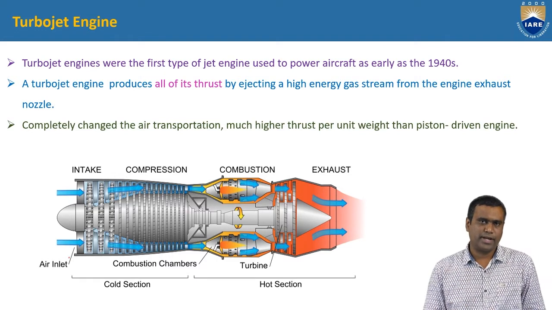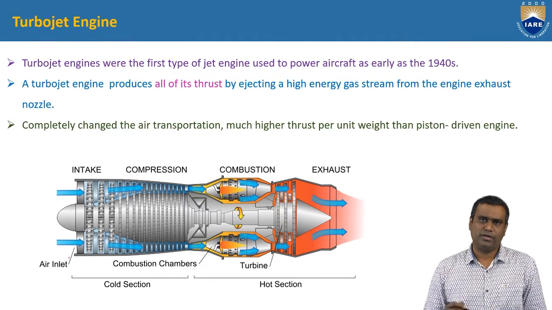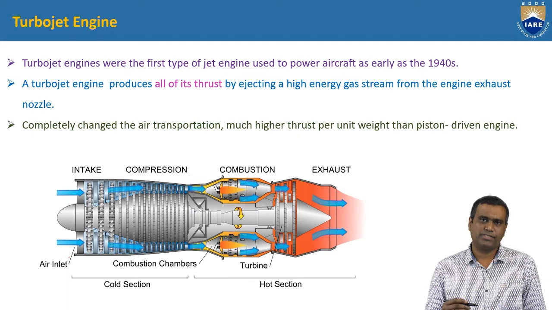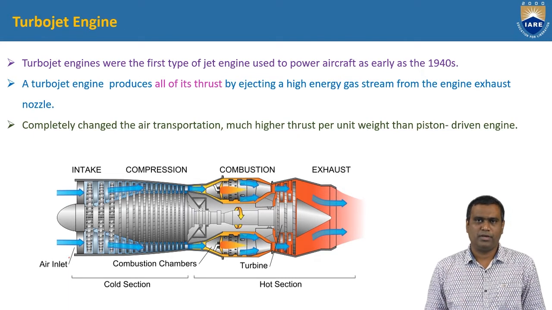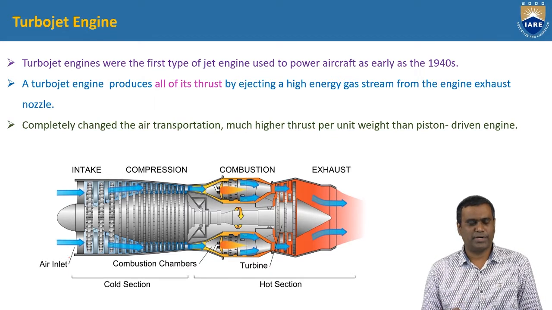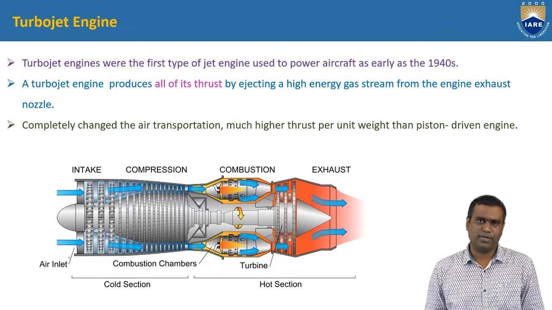The turbine extracts part of the energy from this exhaust flow, converting it to mechanical energy to run the compressors and other accessories, and the remaining high energy stream is passed through the nozzle. The nozzle converts these high temperature, high pressure gases into a high velocity stream.